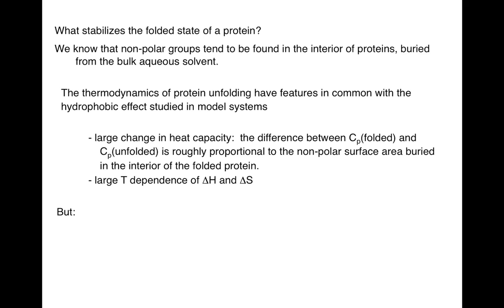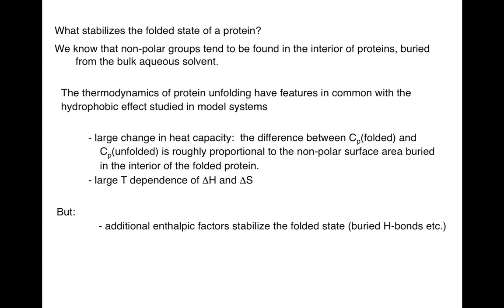Now, it's a lot more complicated than just a simple liquid like benzene being put into water. We know that there are additional enthalpic factors that stabilize the folded state. We saw that the secondary structure elements form because you have favorable hydrogen bonds between elements of secondary structure, like in helices and beta sheets, that are buried.